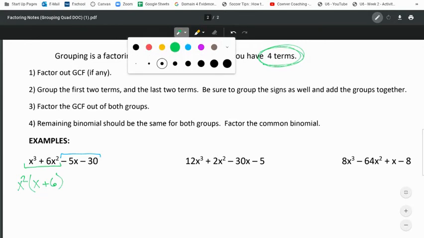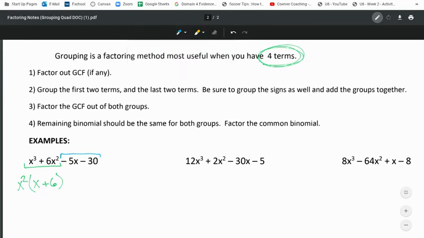And then I also do that with the last 2 terms. So now I'm looking at what I put over in blue. The GCF here is a -5, and then inside the parentheses, I would have an x plus 6. Again, I took out the GCF.